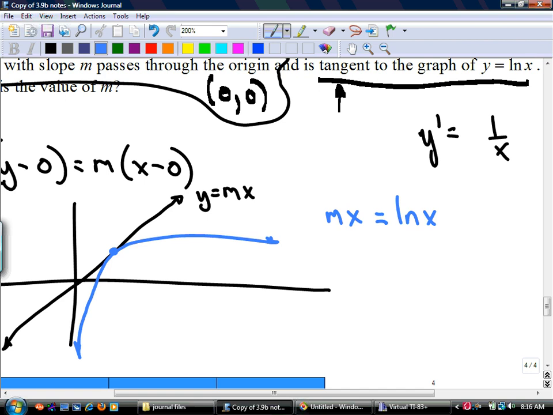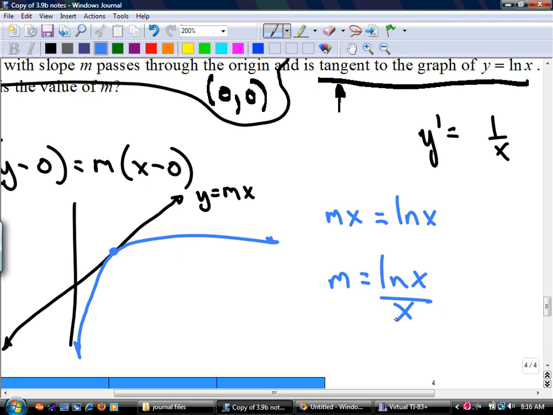I'm going to get a formula with m in it. I want m equals. Why don't we just do m equals ln x over x? Would you agree to that?